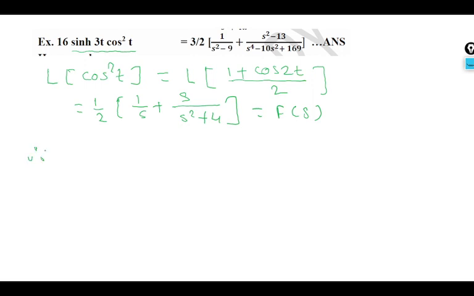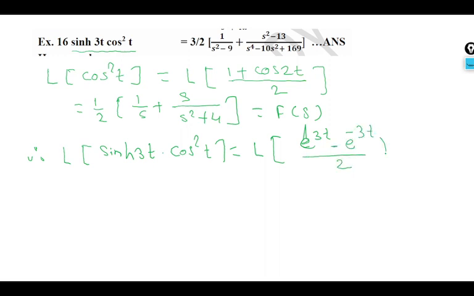Therefore, Laplace of sine hyperbolic 3t into cos square t will become Laplace of (e raised to 3t minus e raised to minus 3t) upon 2 into cos square t.